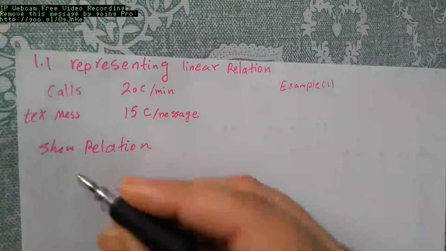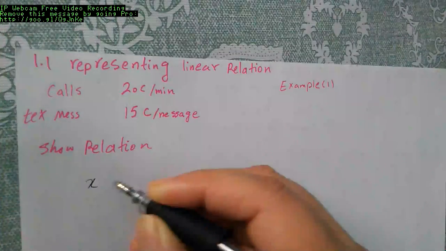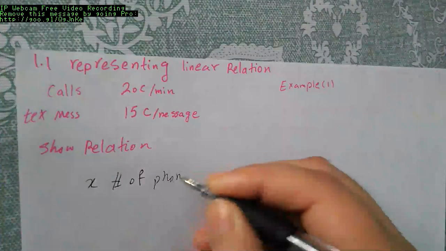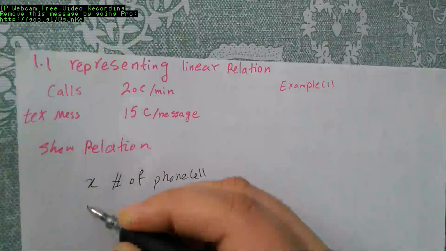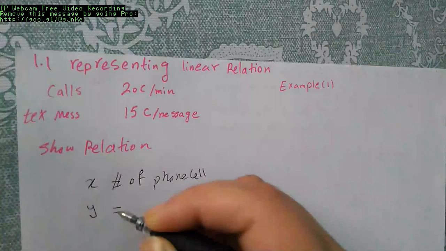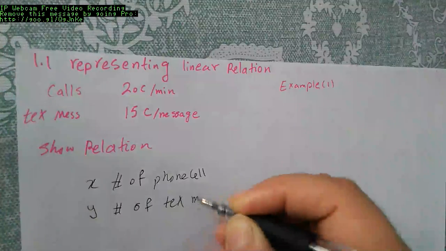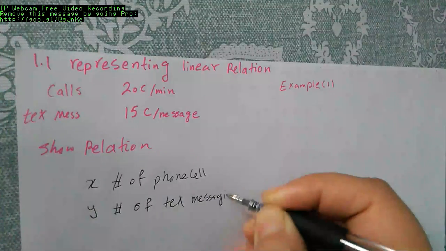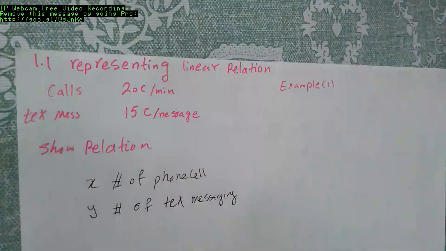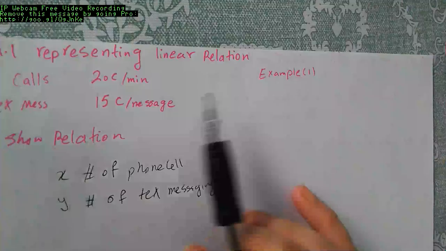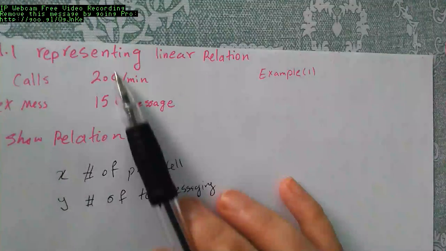Let x represent the number of phone calls and y represent the number of text messages. Now, of course, the cost: let's say if you do 2 phone calls, it's going to be 2 multiplied by that.